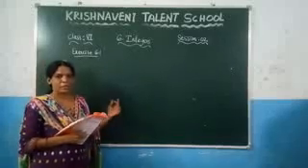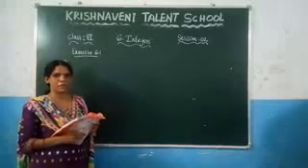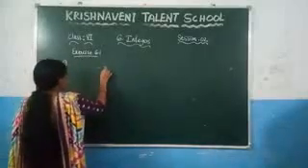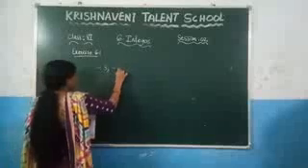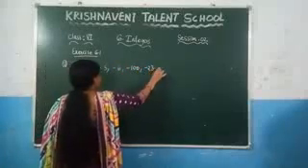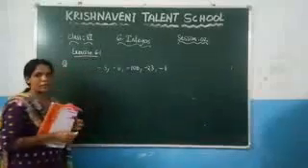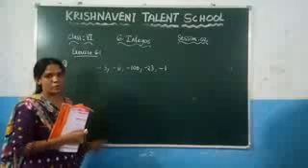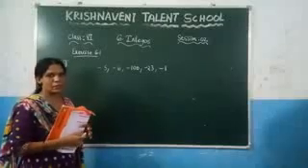If you keep the minus symbol before the numbers, they become negative numbers. So as examples you can write minus 5, minus 6, minus 100, minus 23, minus 1. These are all negative numbers because we are keeping the minus symbol before the number. So it indicates that these are negative numbers.